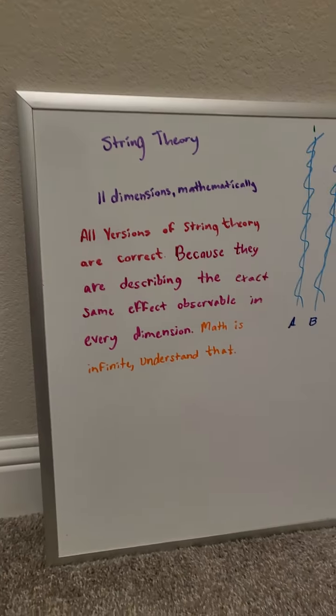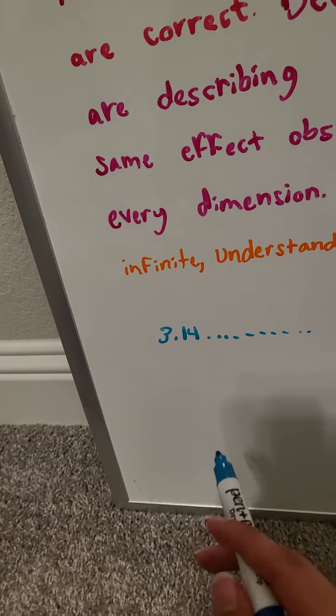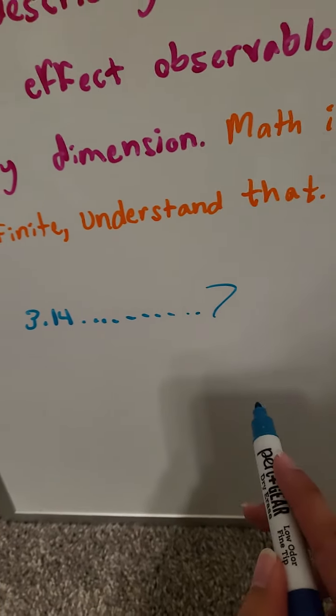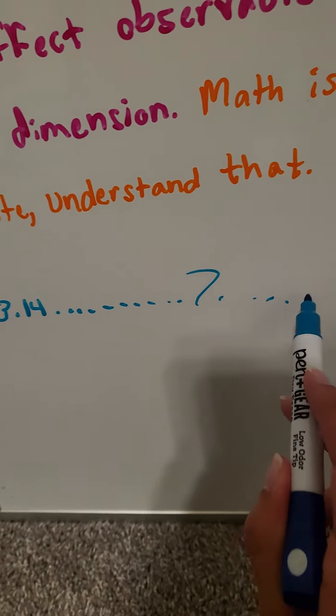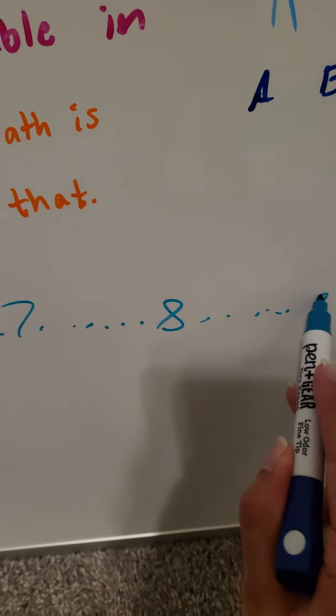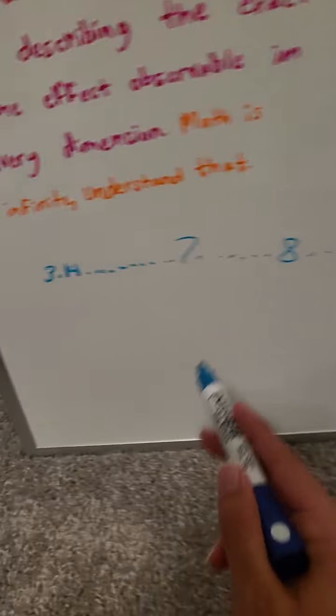You keep saying, for example, pi, what's the next number? And you're just like, oh, it's this. I'm saying, you're just wasting your time.